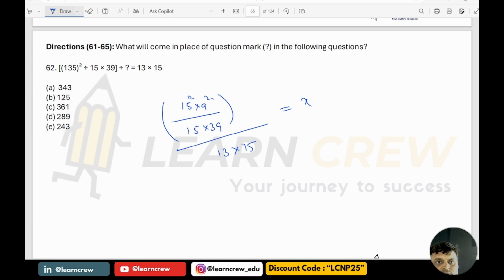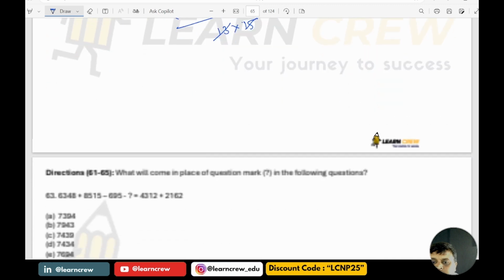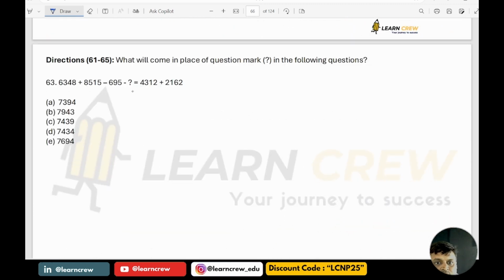So 15 square cancel. 13 threes are 39, 81 threes are 243. So answer is 243.